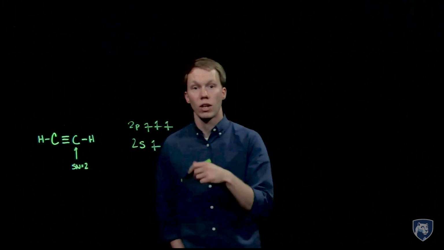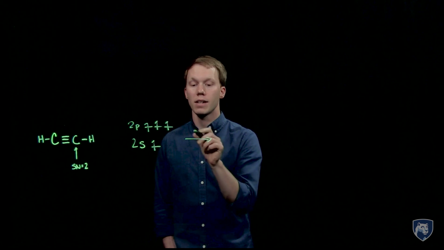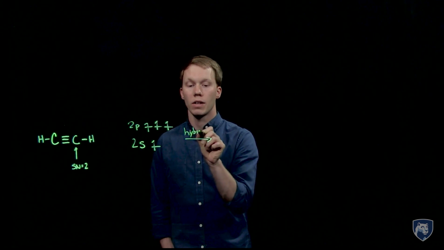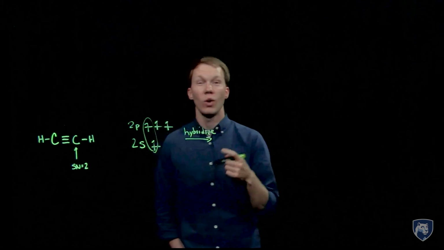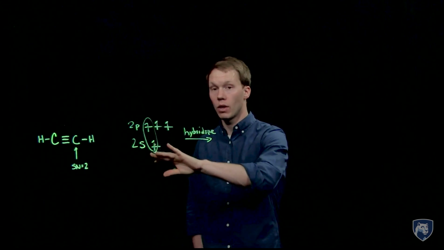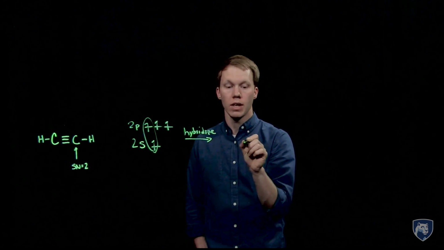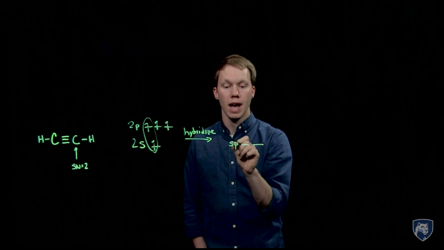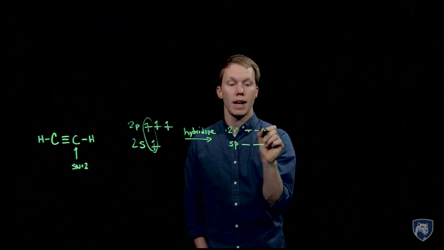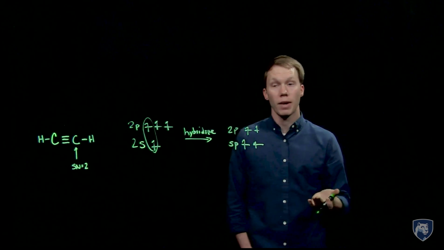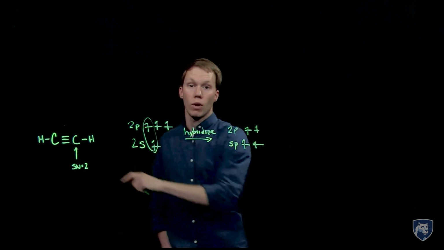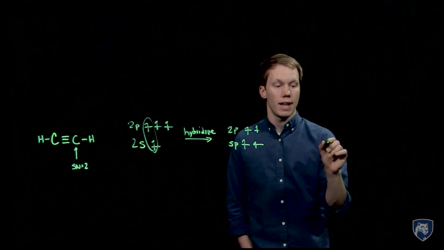Carbon has 4 electrons, and skipping to that excited state, we're going to hybridize the ones that we need to form those sigma bonds. We only need 2 of them, so we start with the lowest energy and then the next lowest. So I'll end up with my sp hybrid orbitals, and my unhybridized 2p orbitals will be available to form those pi bonds that are necessary to form the second and third bond in that system.